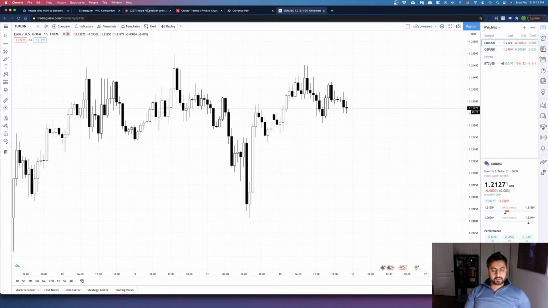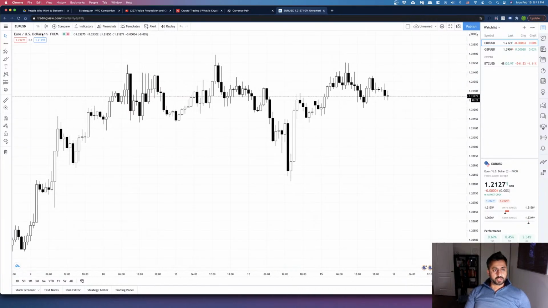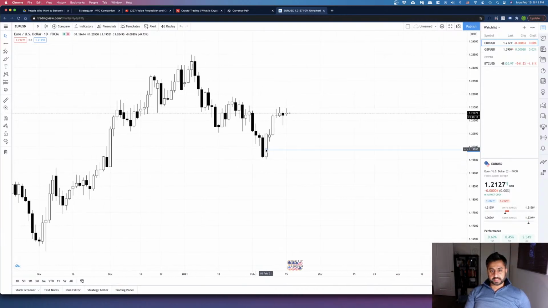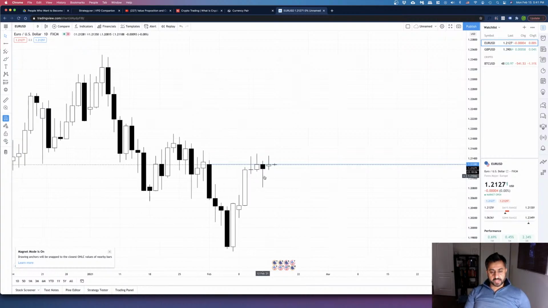I have in front of me this Euro US dollar, and I'm just going to switch to a daily chart and really explain some of the rationale behind the reason I took the trade today. So I see Euro has really pushed higher from here, and when it pushed higher, I thought it was just going to break everything and go forward.